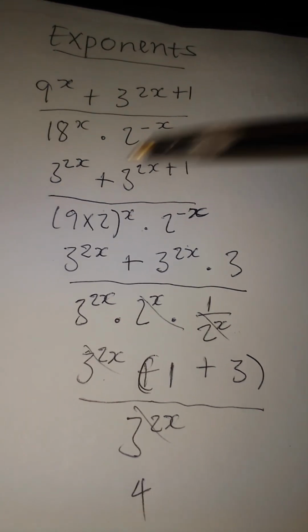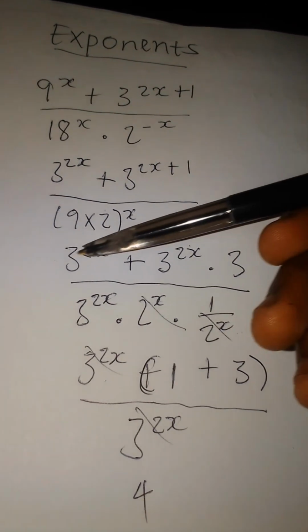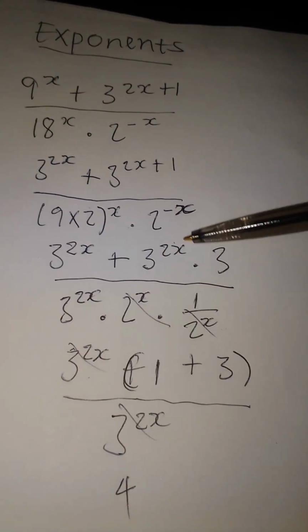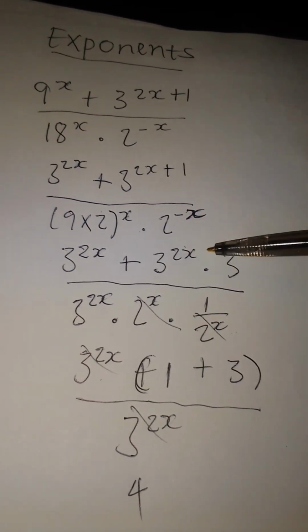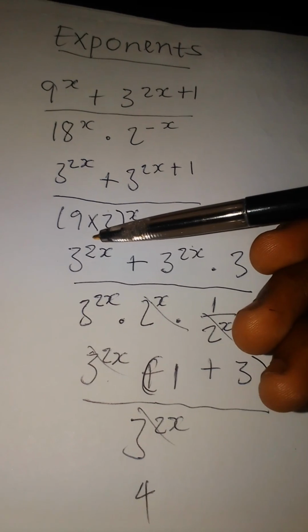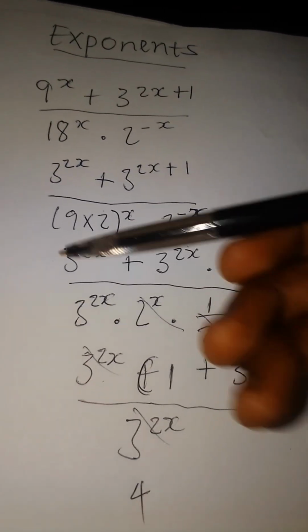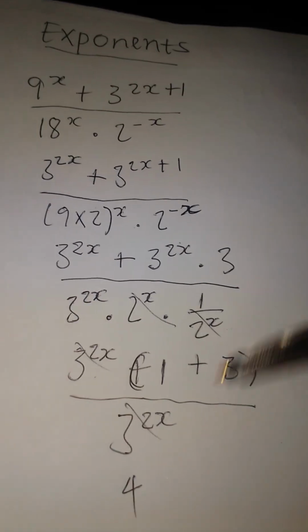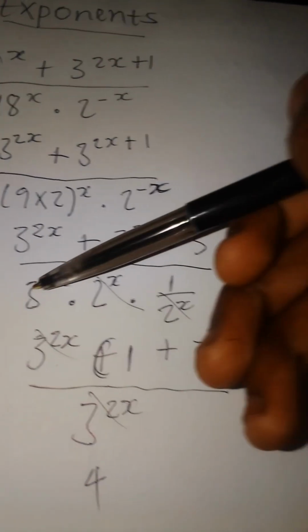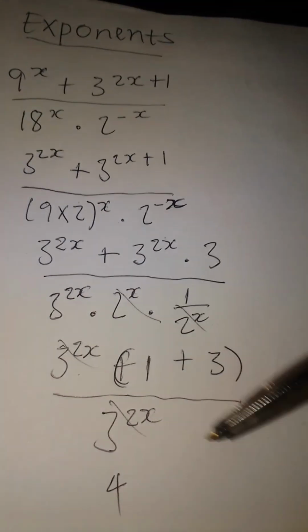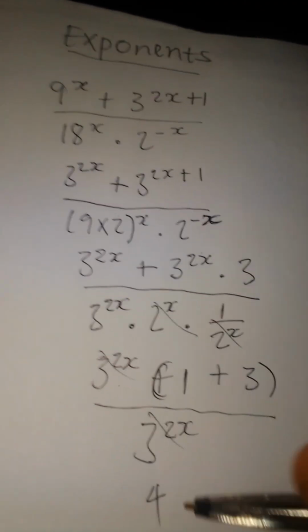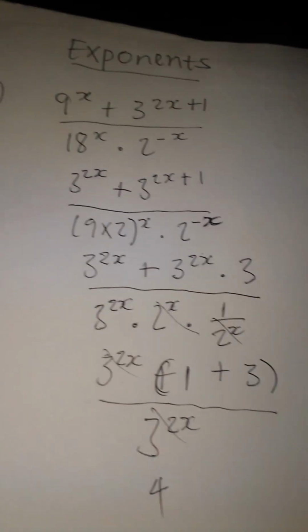Guys, why do I take out a common factor of 3? Because I can see that I have a 3 to the power of 2x on this side, and then this 3 to the power of 2x on this side at this time. So I can take a common factor, then I can remove it, and then I cancel this one because it's a division, so my answer is going to be 4.